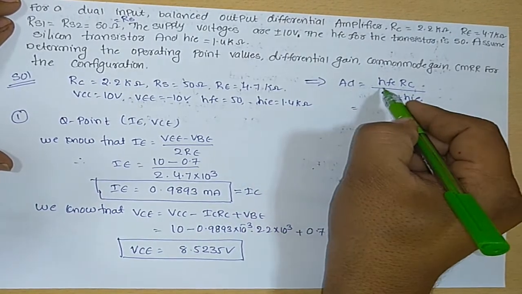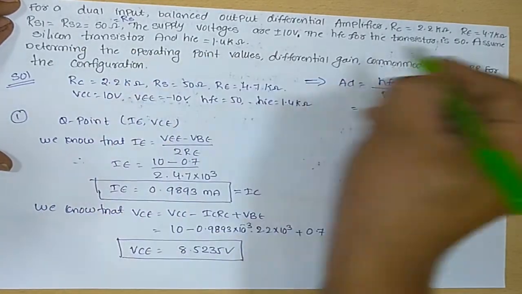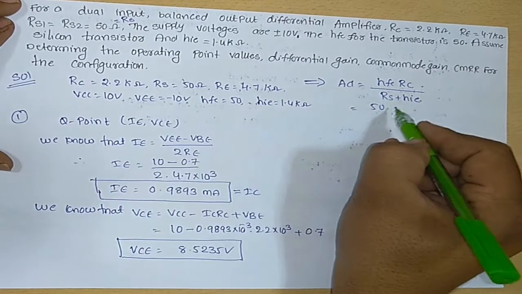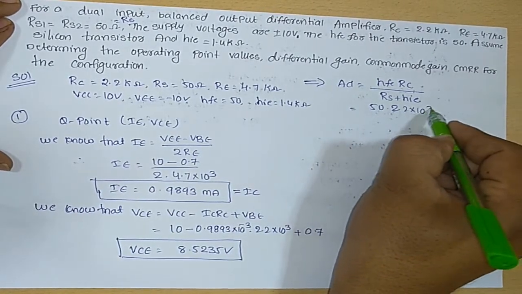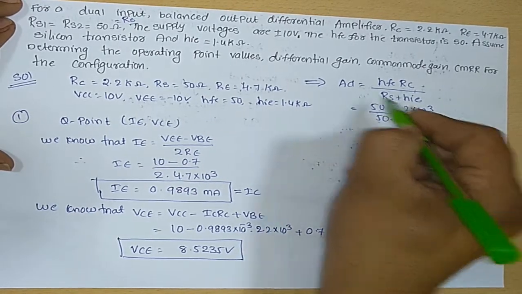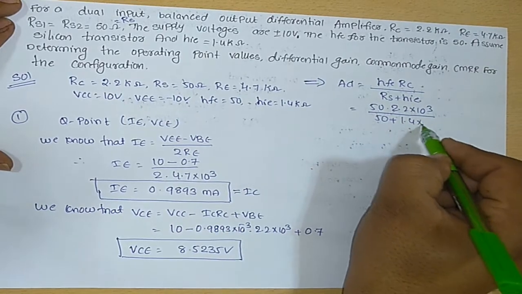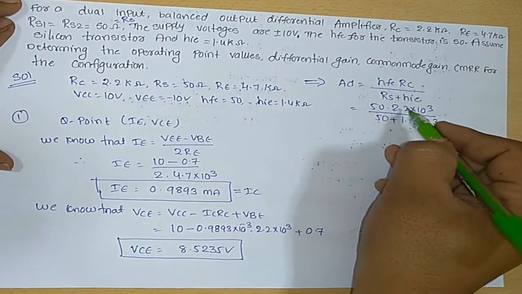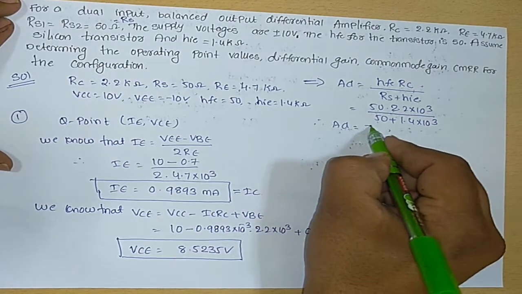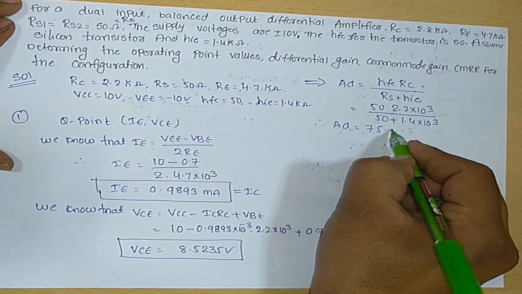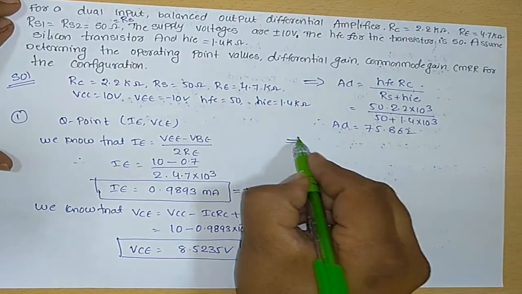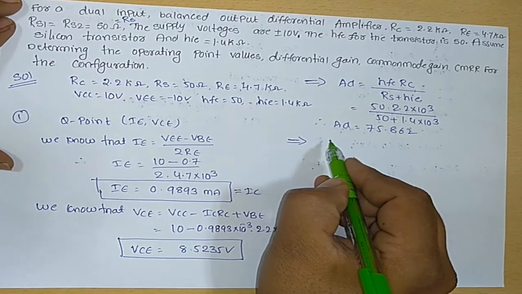That is equal to HFE, 50, into RC, 2.2 into 10 power of 3, whole by RS, 50, plus HIE, 1.4 into 10 power of 3. Simplifying all these values, we get the differential gain AD equal to 75.862.